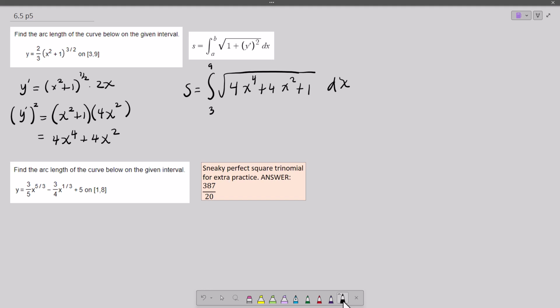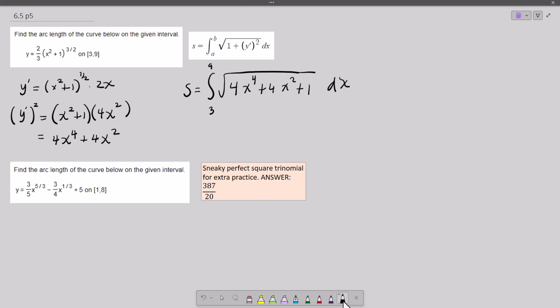Is that a perfect square trinomial? Does it factor? So perfect square trinomial, remember the middle term has to be 2ab. What is a? A is 2x squared.